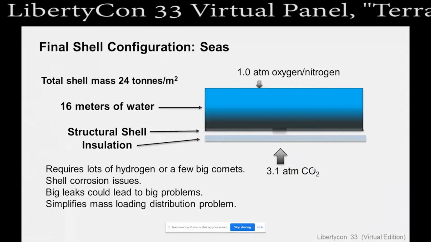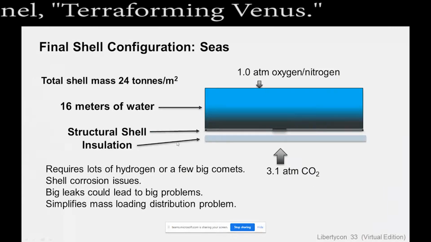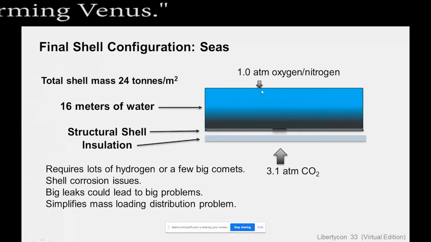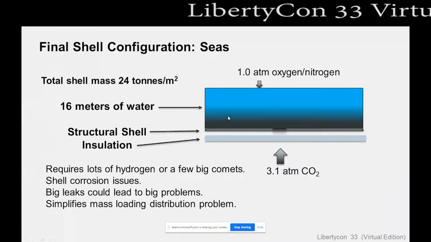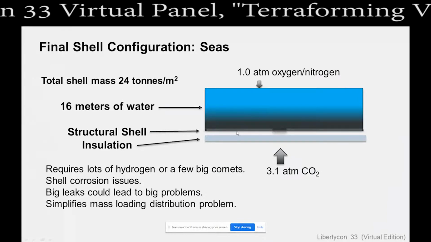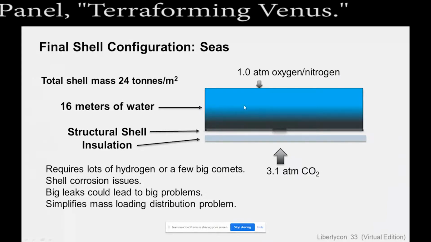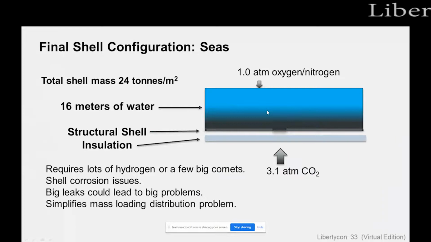We can have seas. In fact, it looks like habitable planets are going to need seas of some type. And here, again, because of our mass loading limitations, we're limited to 16 kilometers of water. But again, it allows us to inspect the shell at the bottom and at the top. The seas can be as big or as little or as numerous as we like.